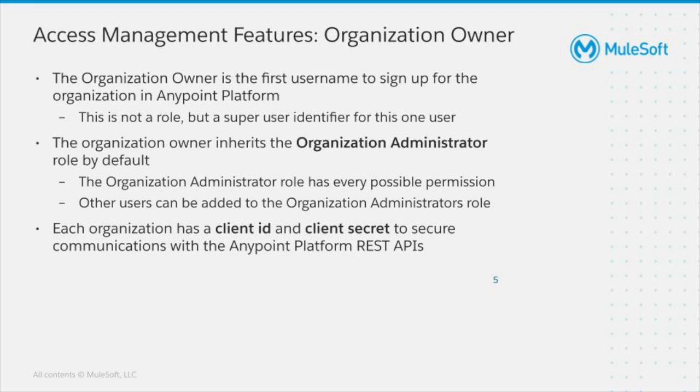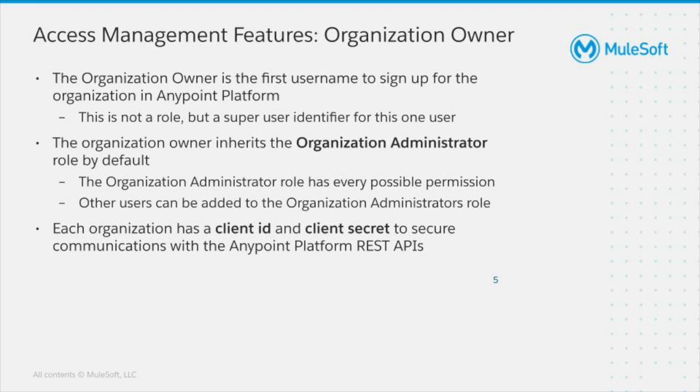So let's look at some of the access management features in more detail. The organization owner is the first user to sign up for the organization in the Anypoint platform. This will be a super user who will act like an organization admin by default and will also have all the possible permissions. Later, other users can be assigned with the organization admin role.